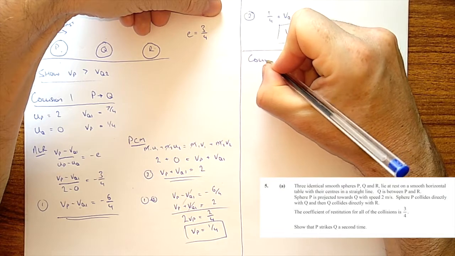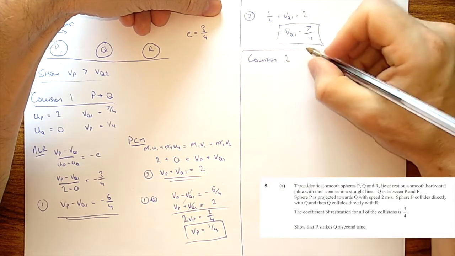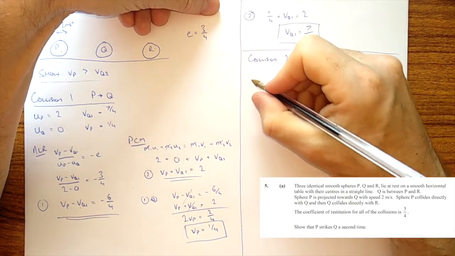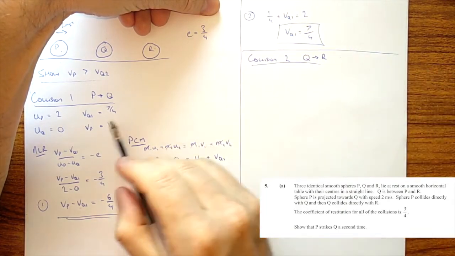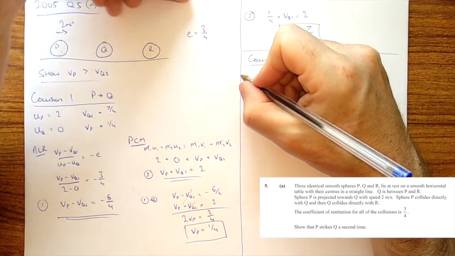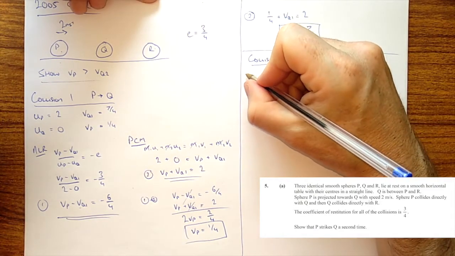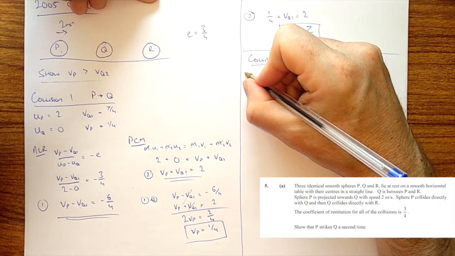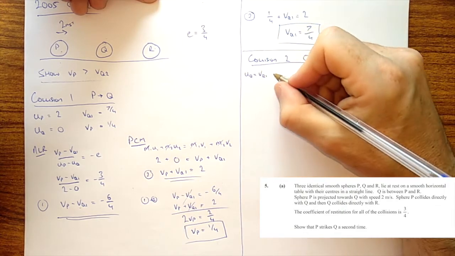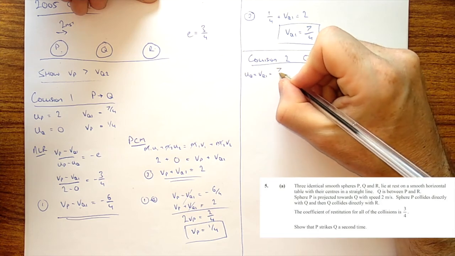Now, collision 2. This is when Q hits OR. So we need new data for each collision. What we're going to have now is UQ, which is equal to VQ1, which is equal to 7 over 4.